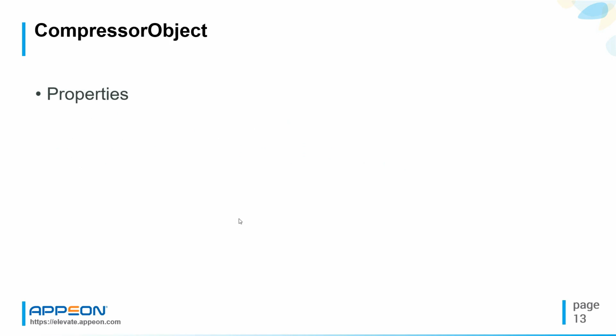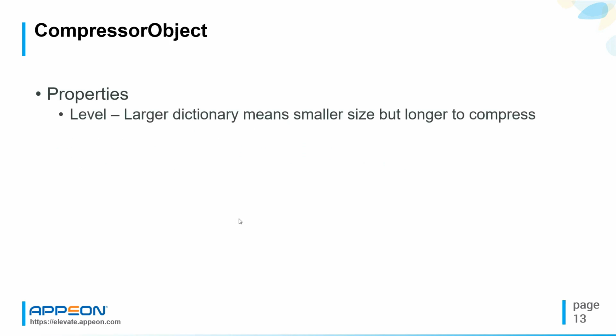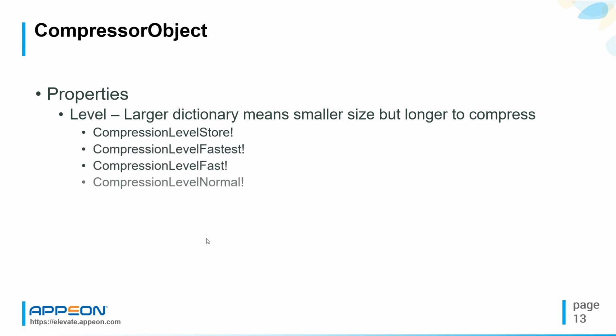There's some properties on this object. The level indicates how much compression that the compressor object is going to attempt to do. So you can specify a greater compression. I list these here. The best would be the greatest compression, but that's going to take more time. The store is actually no compression at all.